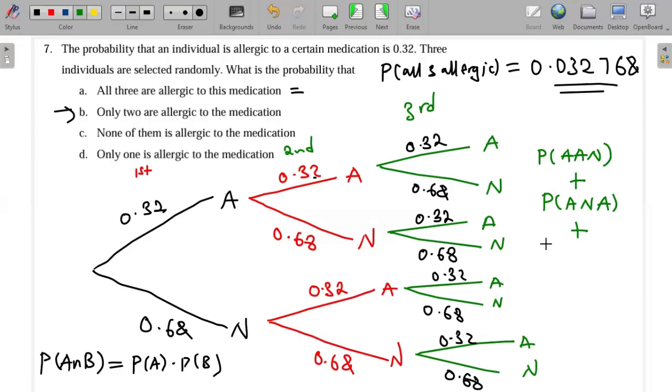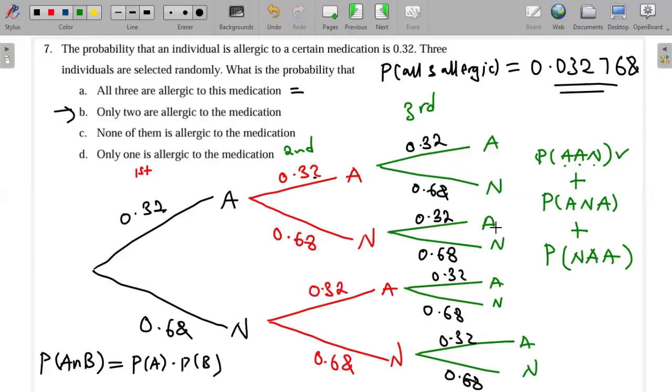So it will be plus the probability of not allergic, allergic, allergic. So these are the probabilities that we have to find. To find the probability of allergic, allergic, not allergic, we multiply allergic by allergic, and then by not allergic. We find this, and then the number that we get here plus the probability of allergic, not allergic, and then allergic.